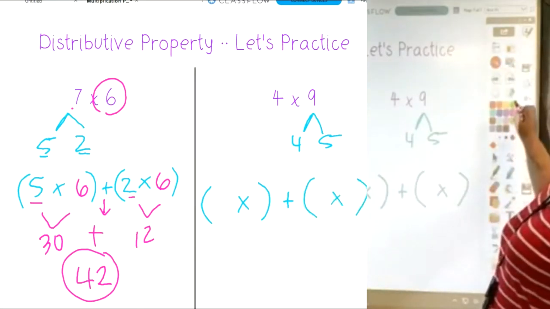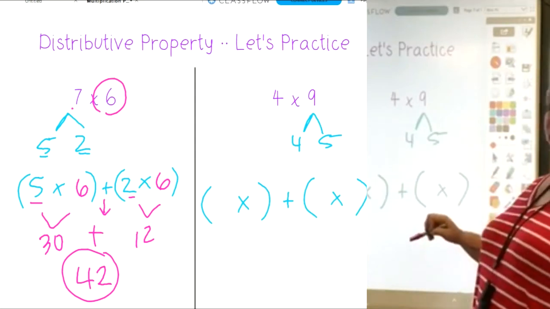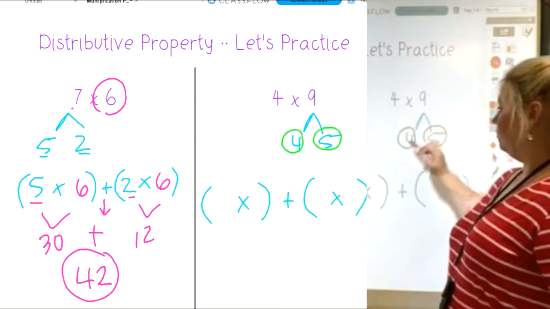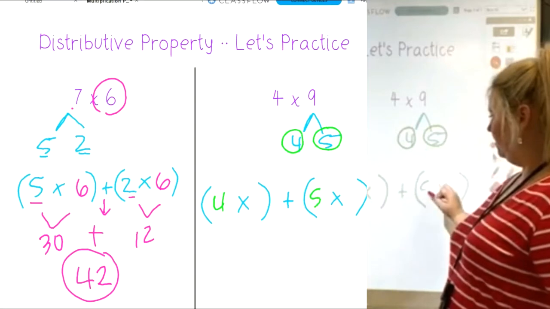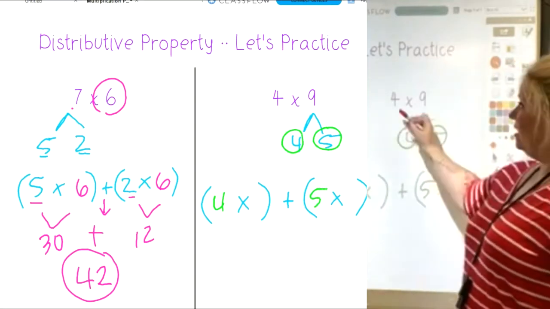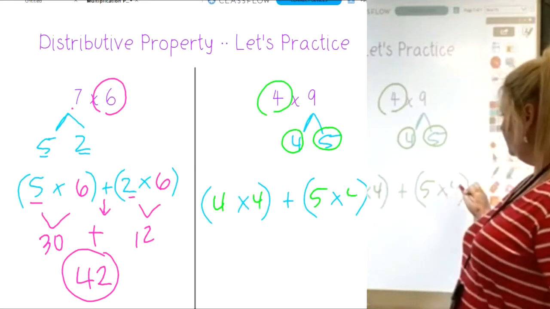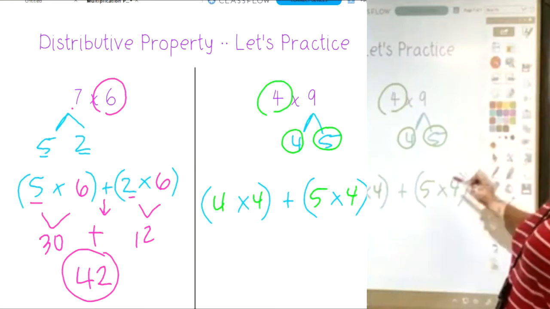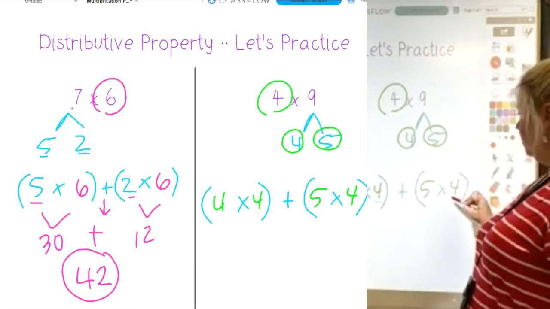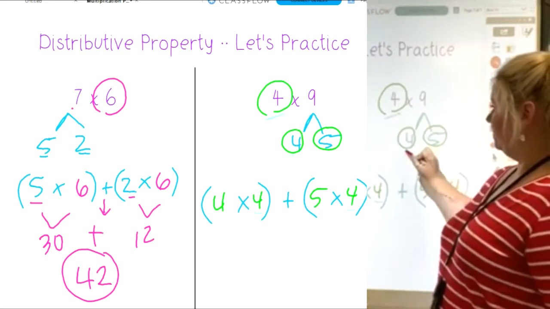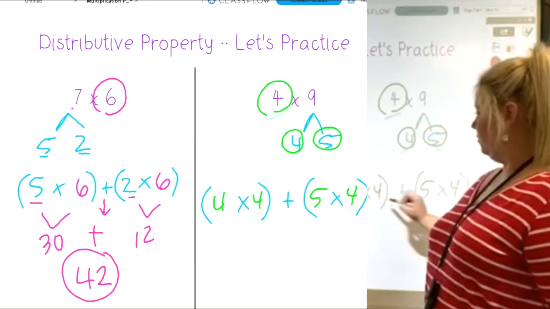Now I'm going to plug in those numbers where they belong. First, I'm going to start with my 4 and my 5. 4, 5. And then I'm going to throw in my 4 that's left over, times 4 times 4. So now I've got my 4 from right here and my 5 and my 4 from right here.